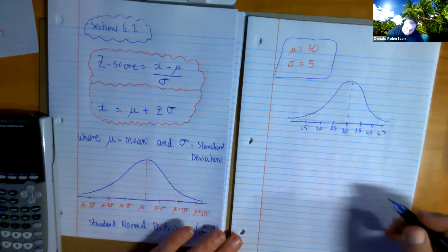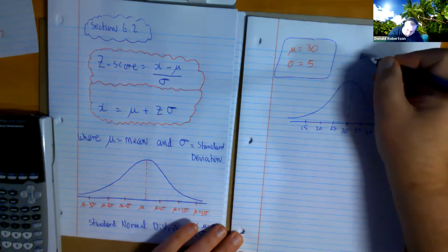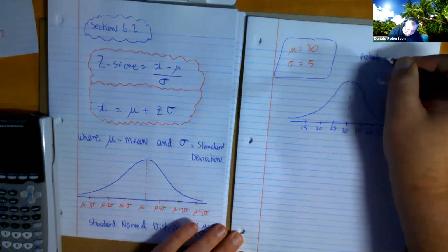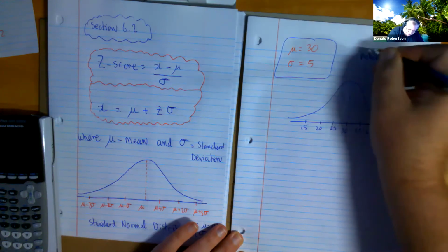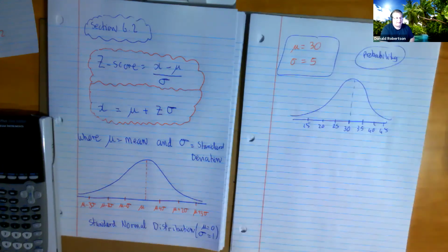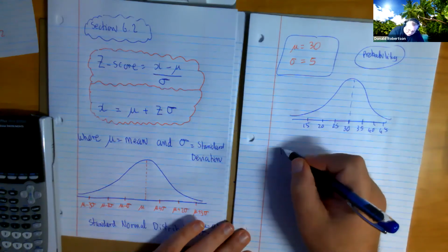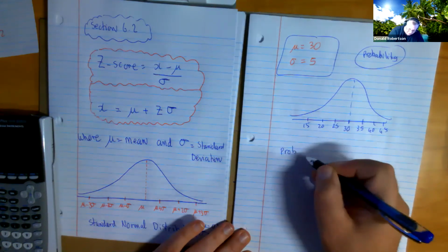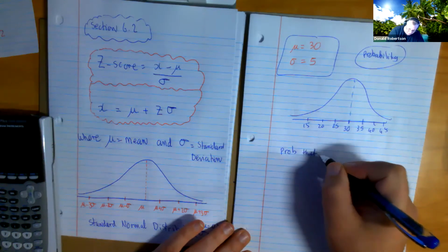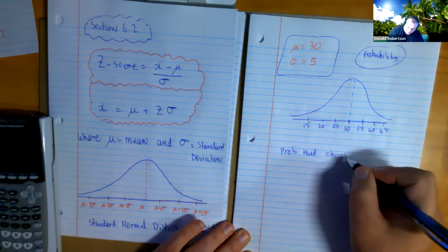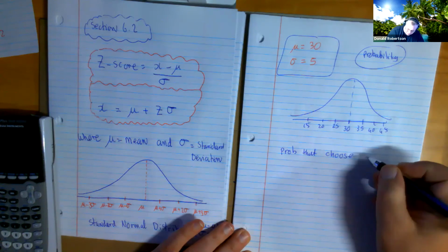Now they're going to introduce what's the probability, which might seem different from what's the area, but technically it's not. For instance, if I wanted to find what's the probability that I choose one person at random, it's always one person at random in these questions.